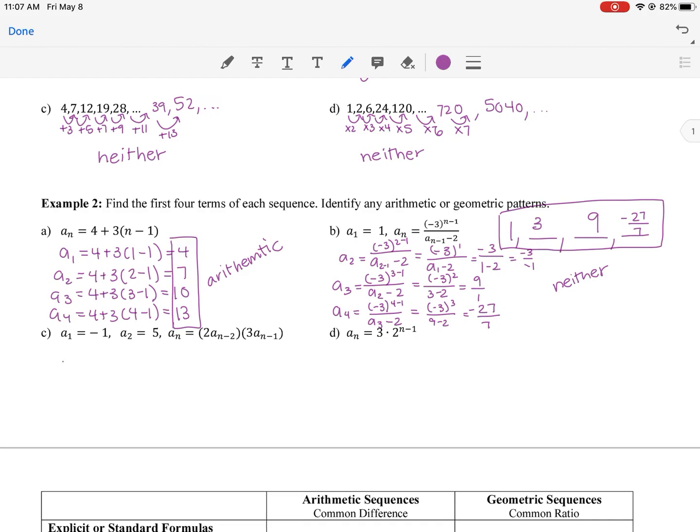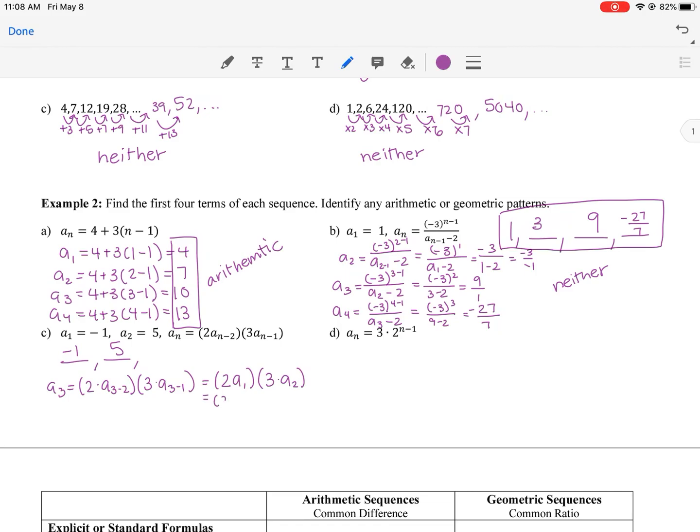This next one gives us the first 2 terms. It tells us it's negative 1, and it tells us it's 5. But the notation for the third term says we're going to do 2 times a sub 3 minus 2, plus 3 times a sub 3 minus 1. So we're going to do 2 times a sub 1, the first term, so 2 terms before it, and then 3 times a sub 2, just the term before it.